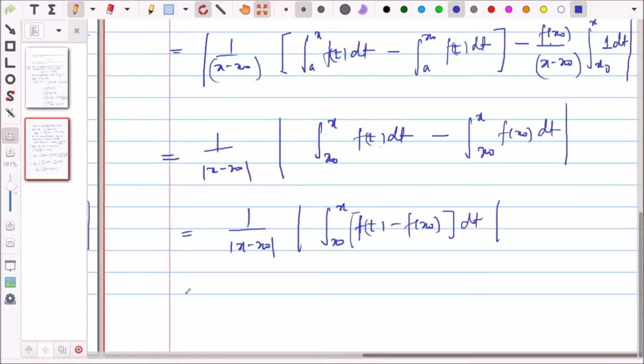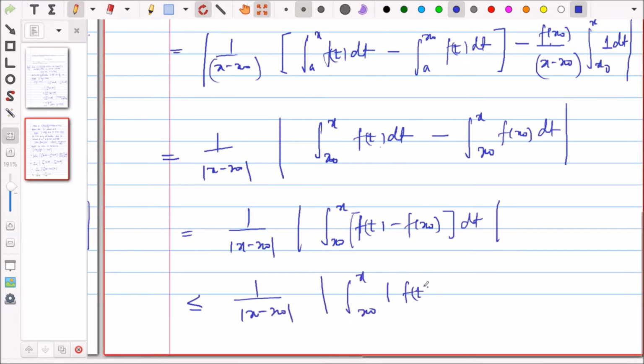Which is less than or equal to, so now we can use this, mod अंदर ले जा सकते हैं हम, right? अभी हमारा t कहाँ पे है?